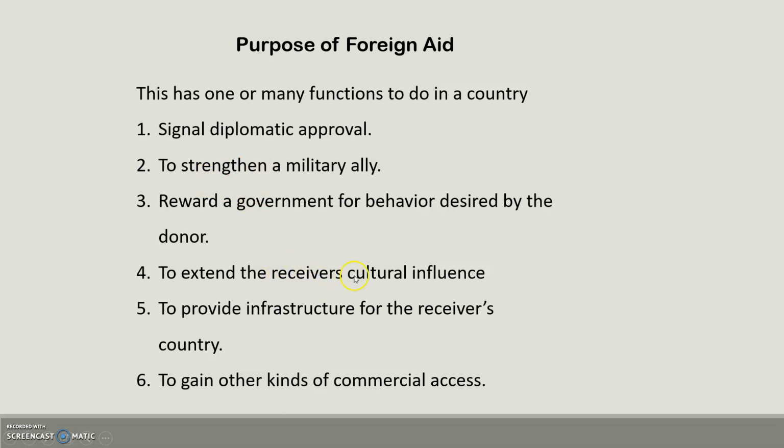Other purposes are to extend the donor's cultural influence, to provide infrastructure for the receiver's country, and to gain other kinds of commercial access like commodities and goods. Sometimes it is also to gain good fame in the international market.